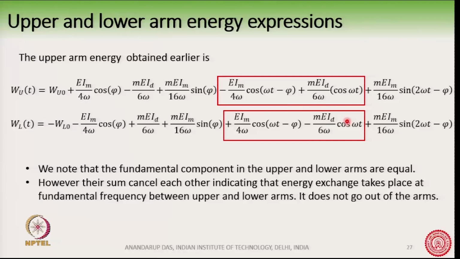When you add the upper arm and lower arm energy, the fundamental component vanishes. So, what does it mean? It means that this energy exchange which takes place at the fundamental frequency is continuously taking place between the upper arm and the lower arm in each phase. However, it does not go out of the arms.